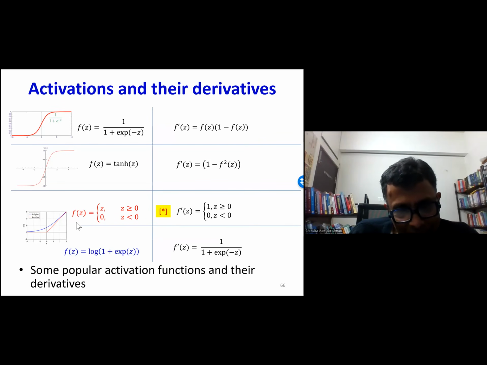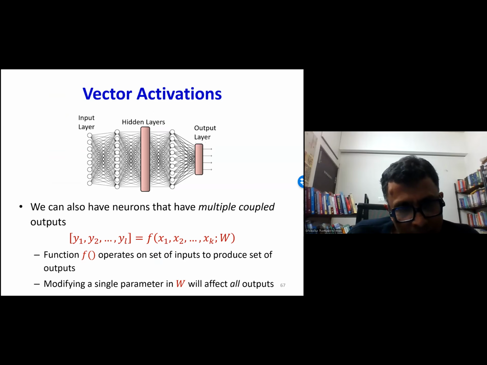We'll talk about that later. But there's also a smoother version of the ReLU, which is log of 1 plus e raised to z. And this is differentiable everywhere. The derivative of the smooth version of the ReLU is actually going to look like a sigmoid. And many other forms.